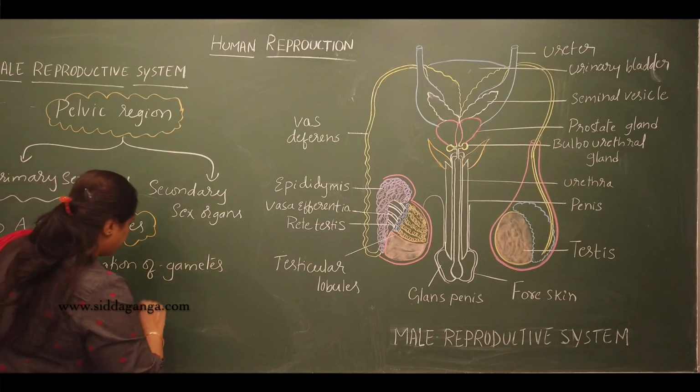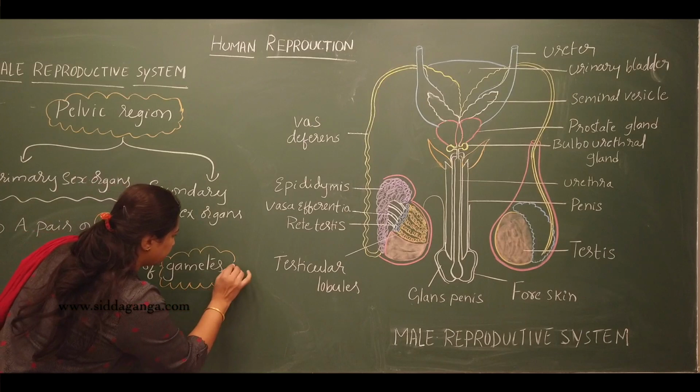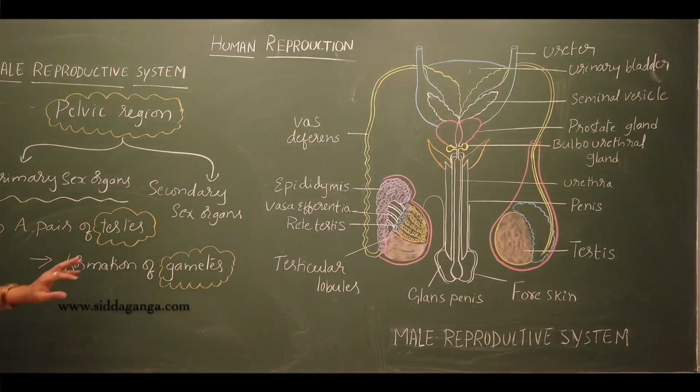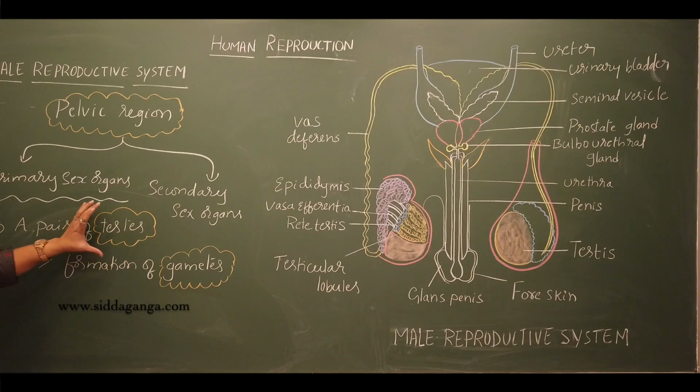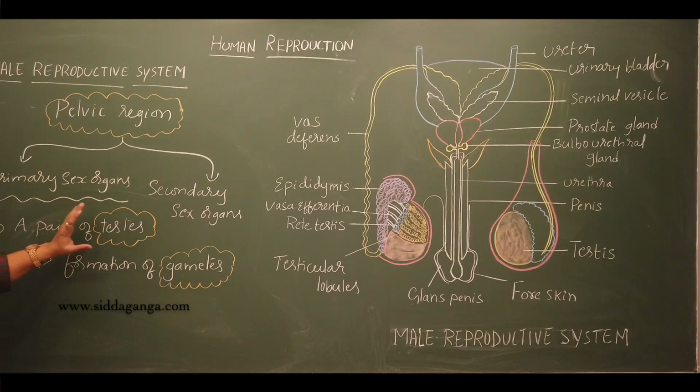Spermatogenesis, the formation of sperms, occurs within the testes by the germ cells present in the seminiferous tubules of the testes. As the testes are involved in the formation of the male gametes, the sperms, they are called the primary sex organs in human males.